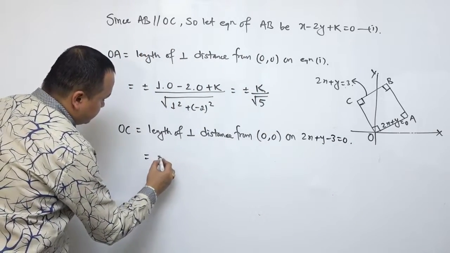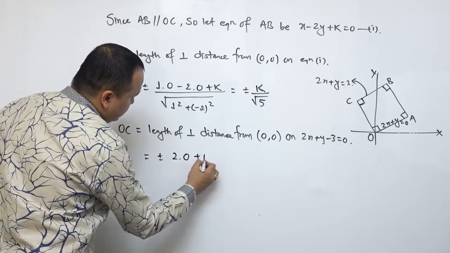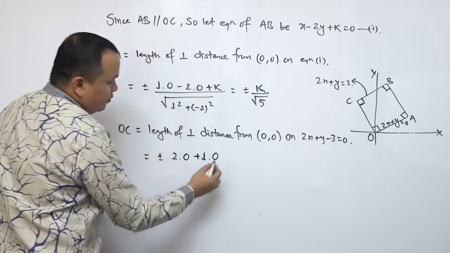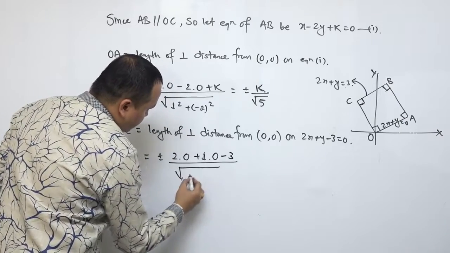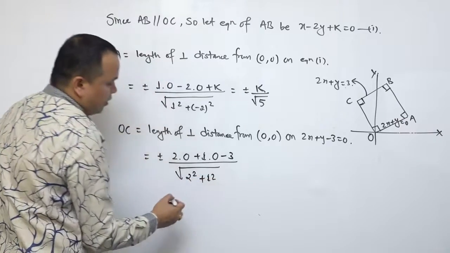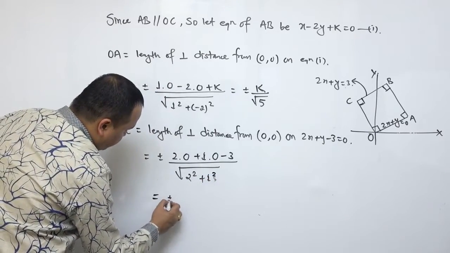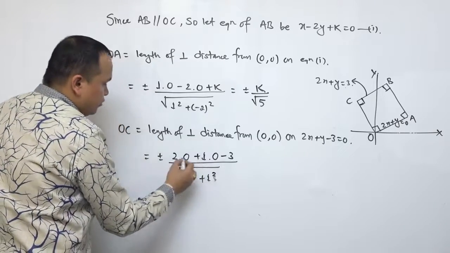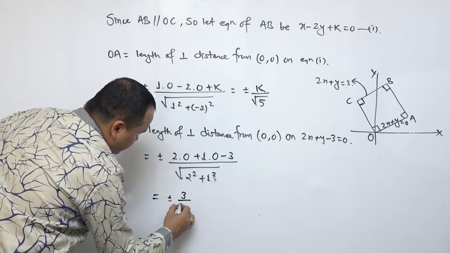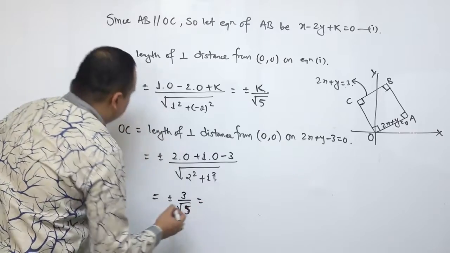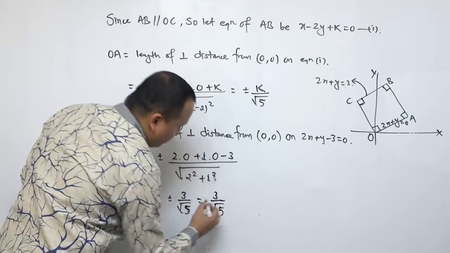And this is plus minus 2 into 0 plus 1 into 0 plus c is minus 3, divided by root over 2 square plus 1 square. And this is plus minus 0 plus 0 minus 3. Here plus minus, so this is 3 upon root 5. But OC is distance, so this is just 3 upon root 5.